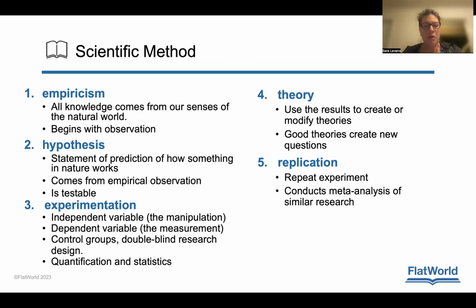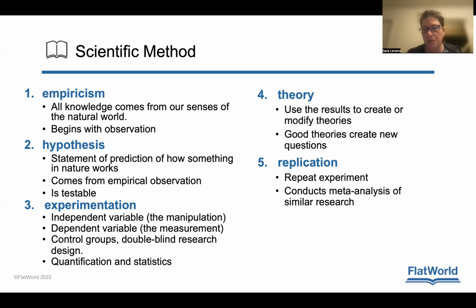So in that sense, it begins with a hypothesis. A hypothesis, as you've seen in research methods, or you will soon too, is a statement of prediction of how something in nature actually works. Kids can come up with hypotheses about how things work, but in the scientific method, we come up with a specific hypothesis.